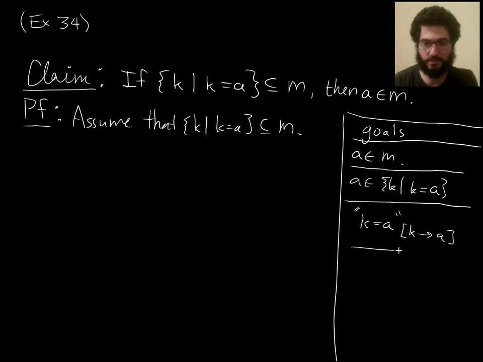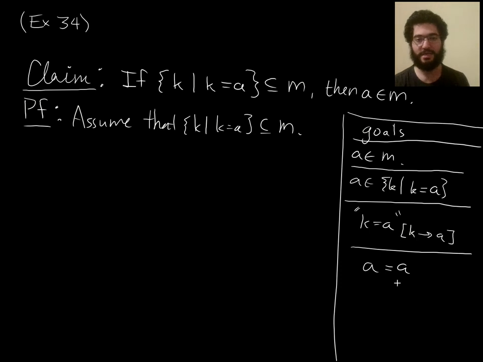So this becomes my goal. And let me actually carry out the substitution. If I make that substitution, my goal is A equals A. But that's an axiom, right? That's axiom 1. Things equal themselves. So now I know exactly the right next step to take.